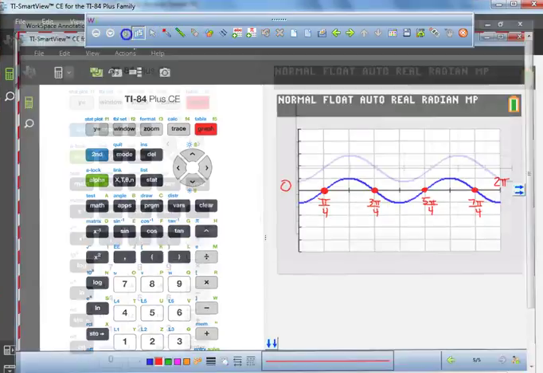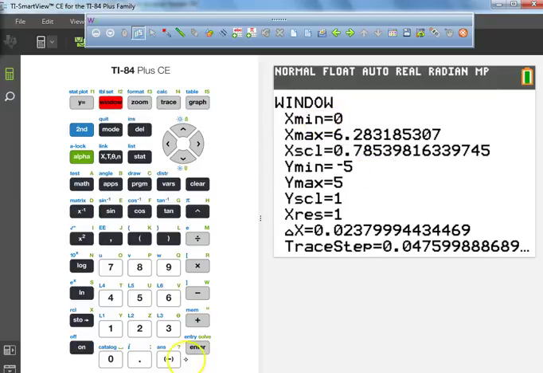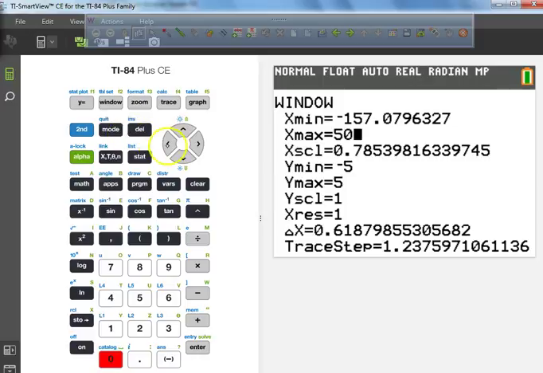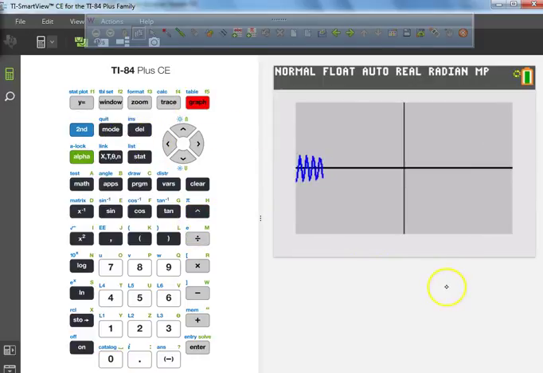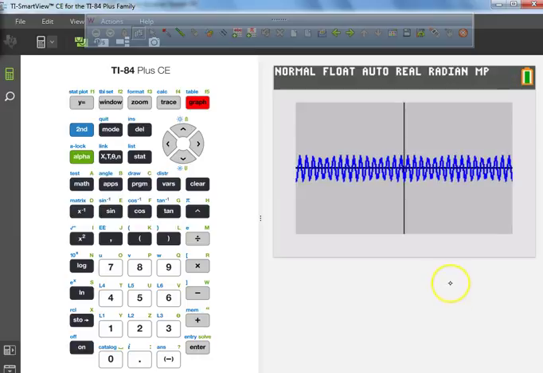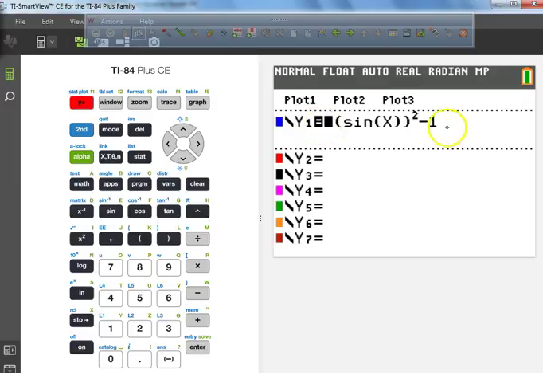If I changed the window to negative 50 pi and made it go all the way to positive 50 pi, then what are you going to see? You're going to see it continue to do that forever, stretched out. So that's another way you can check your answer. You type the equation in and see where it's equal to 0.